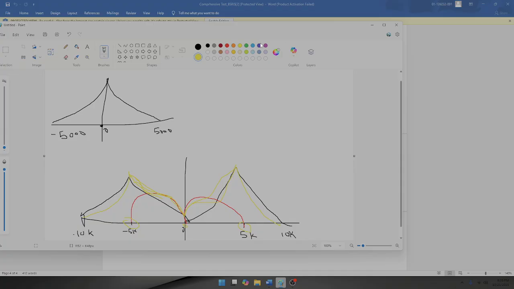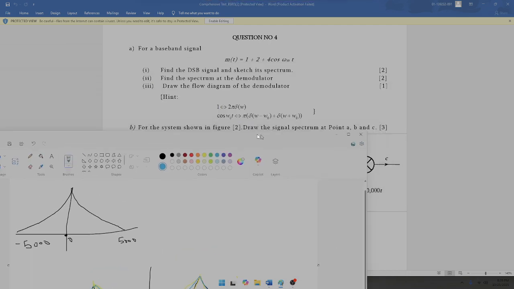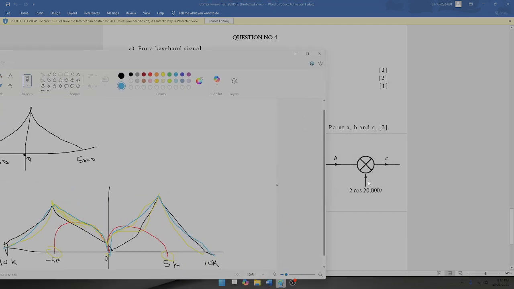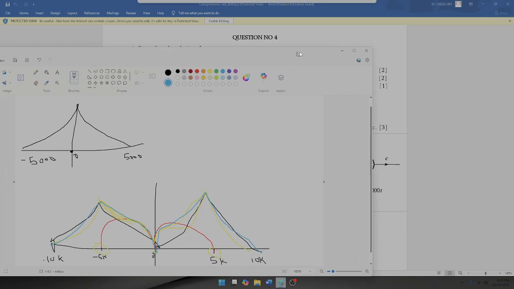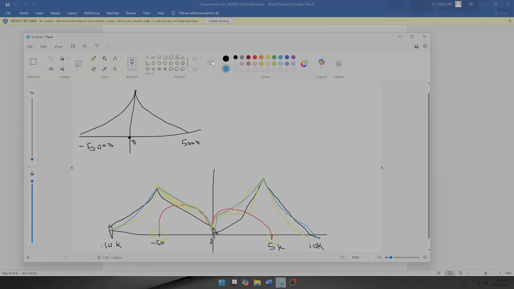Let me use a different color so it's visible. Okay, it's going to be like this. When the second signal is being added, it's going to look like this. And when it's being multiplied with this carrier frequency, which is 20,000, it's going to get mirrored again.